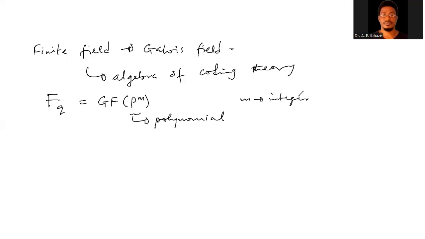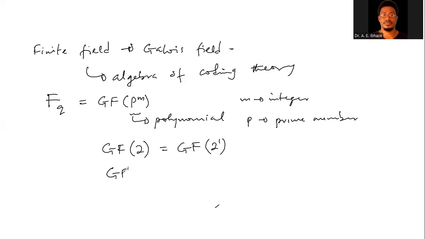So M could be some value 2 or more, and P is a prime number. Okay, so it means that P could be 2, it could be 3, it could be 5, it can be an even number, okay? And if we take, for instance, the Galois field or the finite field 2, then it means that this is raised to the power of 1, right?